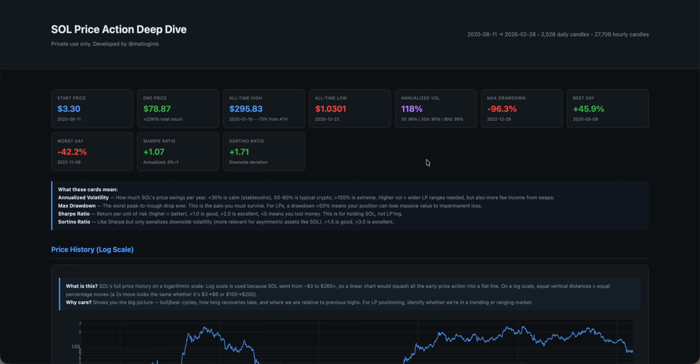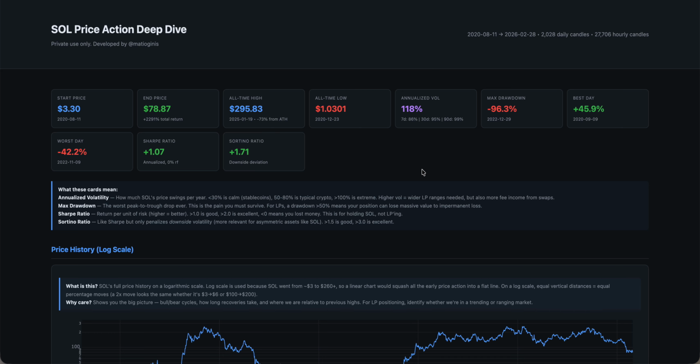When deploying capital into ranges, you should take this into consideration, because understanding how much the asset can move based on its whole history can save you from a lot of unnecessary problems and impermanent loss. Having annualized volatility at around 120% and deploying capital into, let's say, 5 to 10% ranges will destroy your capital if you do this consistently over the year, because the volatility is way higher.